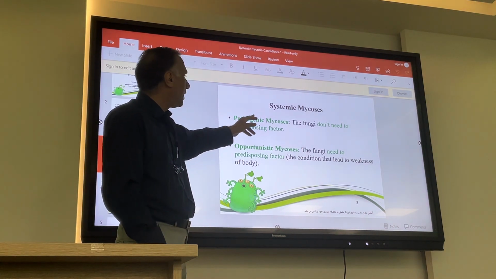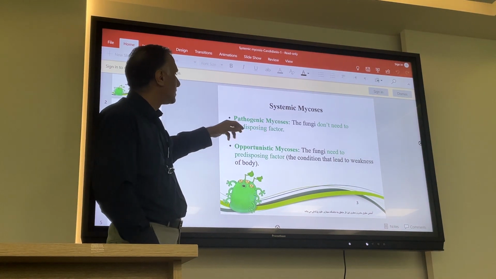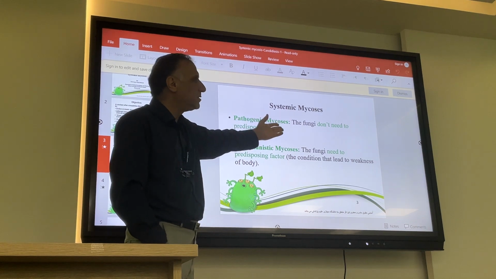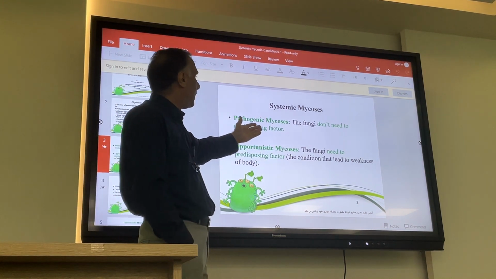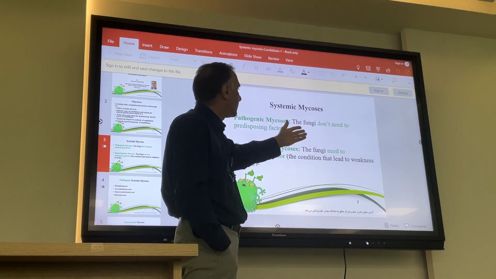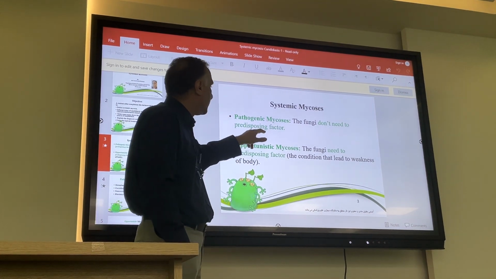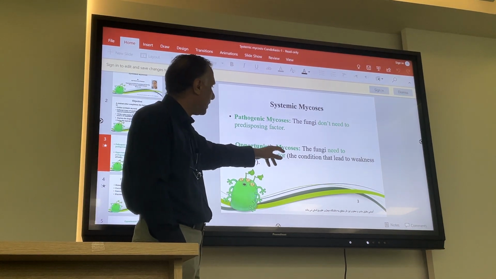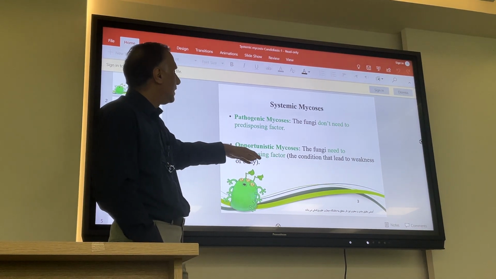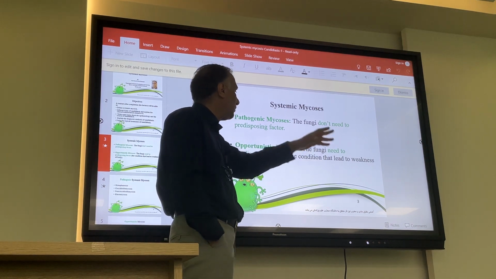We have two types of systemic mycosis: pathogenic mycosis and opportunistic mycosis. The pathogenic mycosis doesn't need a predisposing factor, but the opportunistic mycosis needs a condition that leads to weakness.